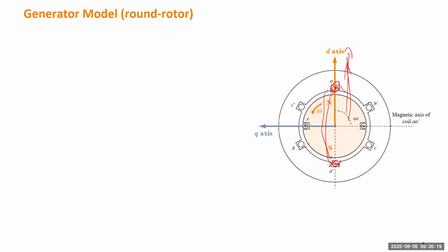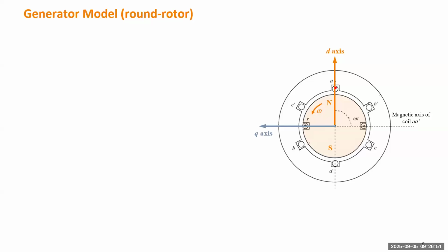Which means if we turn the rotor back 90 degrees, so that the N axis is pointing in this direction, the flux is fully coupled with A. So 90 degrees before, you have the maximal coupling of the rotor flux with stator winding A. Okay, so next we can define the initial time.